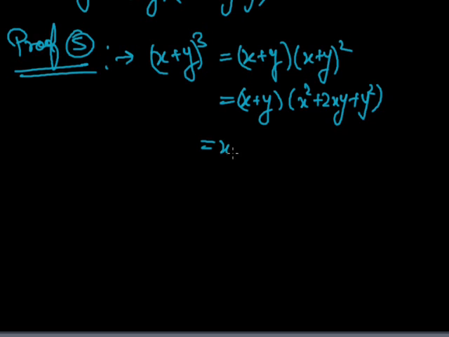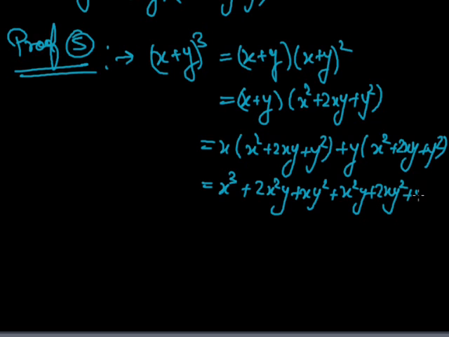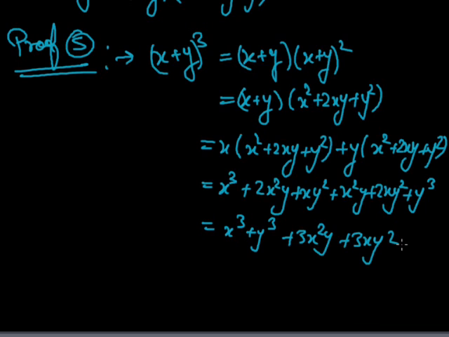So, it will be given by x into (x square plus 2xy plus y square) plus y into (x square plus 2xy plus y square). So here we have x cube plus 2x square y plus xy square plus x square y plus 2xy square plus y cube. So we are left with x cube plus y cube plus 3x square y plus 3xy square. Similarly, we can see the proof of any other identity.